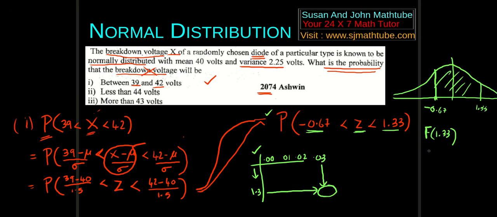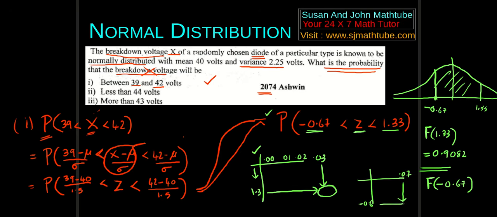And the value is 0.9082. And now you can take the negative table and find negative 0.67. That means you find minus 0.6, and here you find 0.07 and take the coinciding value, that is actually 0.2514.